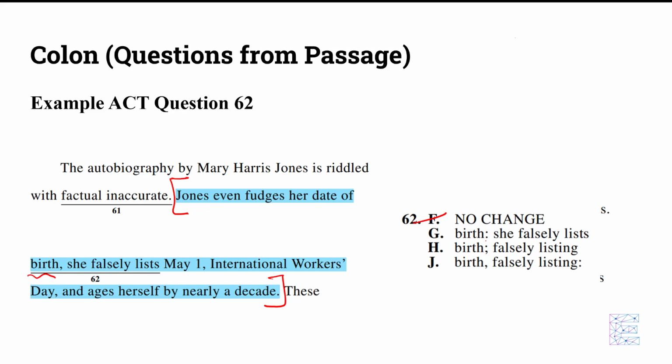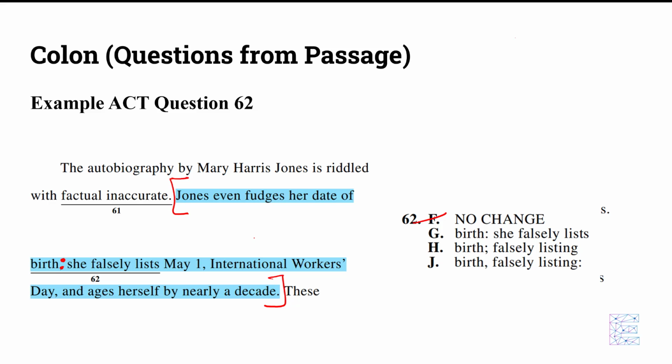Let's read G. G says we need to put a colon after the word birth right over here. Let's do that. Jones even fudges her date of birth: she falsely lists May 1st, International Workers' Day, and ages herself by nearly a decade. And that would be correct, actually, because this first part, Jones even fudges her date of birth, is a complete sentence.